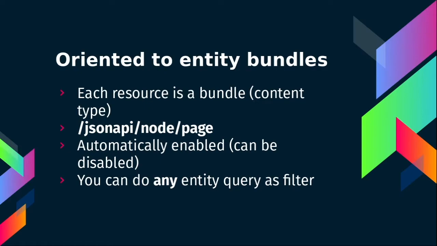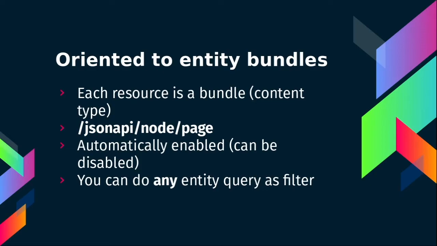There's a way to do that, and maybe the developer in Drupal core decides that, or maybe the developer in Contrib, or maybe you do when writing your own custom entity types. But there is no way to say, well, this may or may not be exposed. If maybe or maybe not, then you expose it, right? And you can do any entity query filter using the JSON API module in core, which is pretty cool.